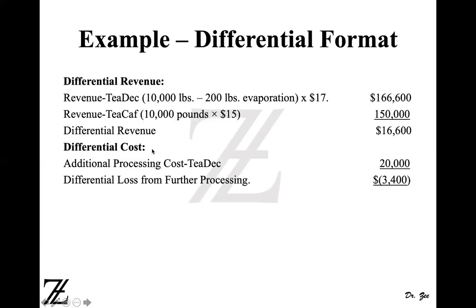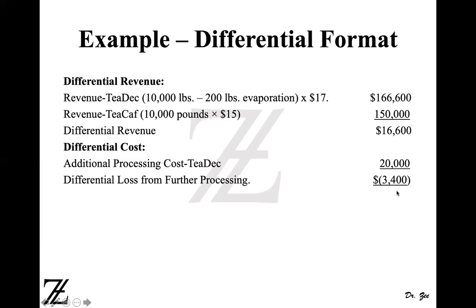And then you have a differential cost. Differential cost is if you process further, right? If you process further, the TDAC will cost you $20,000. TCAF is not going to cost you anything because you have to just work until the split-off point. So 20,000 is the additional cost or differential cost. Subtracted from differential revenue, you will get differential income or differential loss.